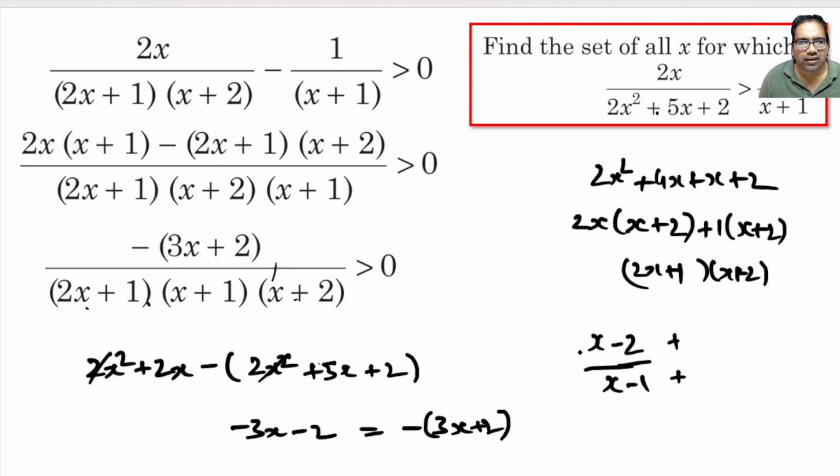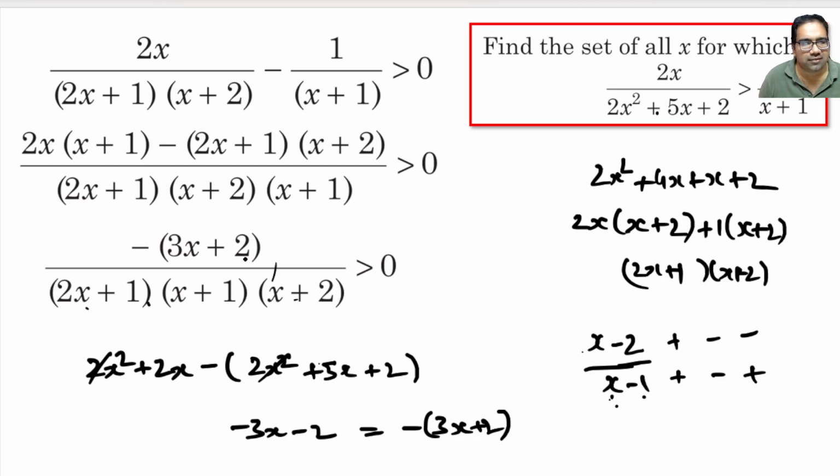When x is less than 1, this is negative, this is also negative. When x is between 1 and 2, this is positive, this is negative. So whenever x crosses this point or this point, the value of this expression changes.